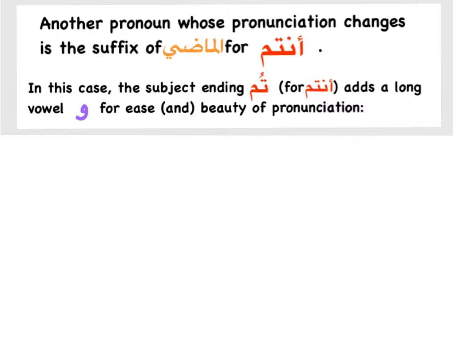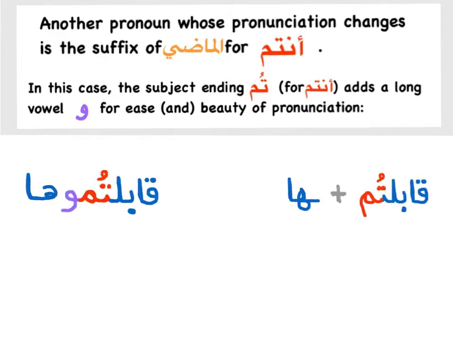Another pronoun whose pronunciation changes is the suffix of الماضي for أنتم. In this case, the subject ending tum for أنتم adds a long vowel wa for ease and beauty of pronunciation. So we have an example here. قابلتم أنتم قابلتم هي, so ha, قابلتم ha, but since it's kind of difficult to pronounce, in Arabic there is a long vowel wa to make it easier for pronouncing.